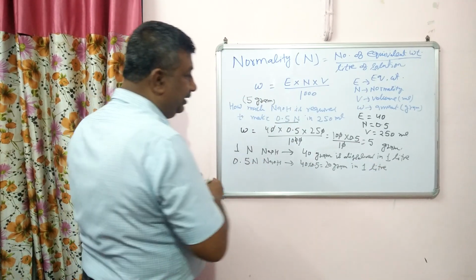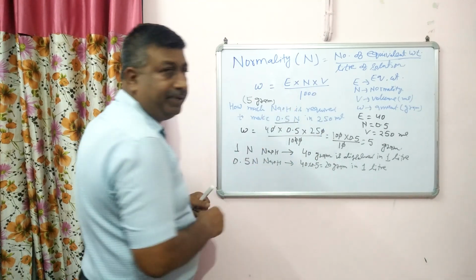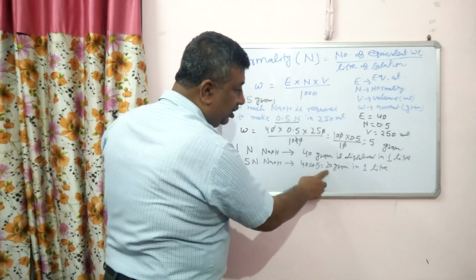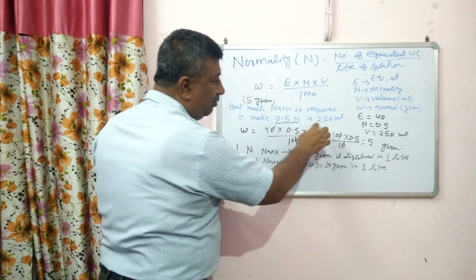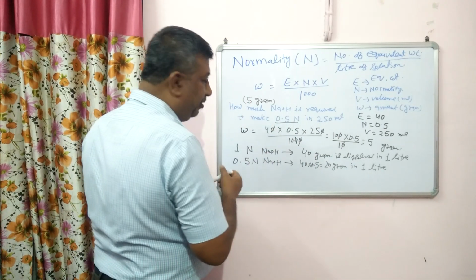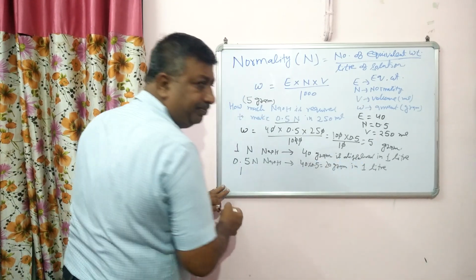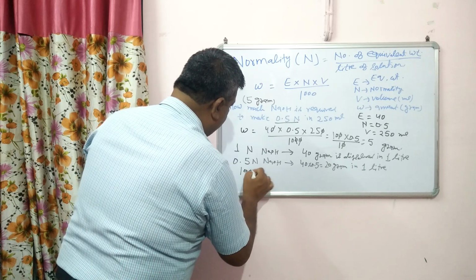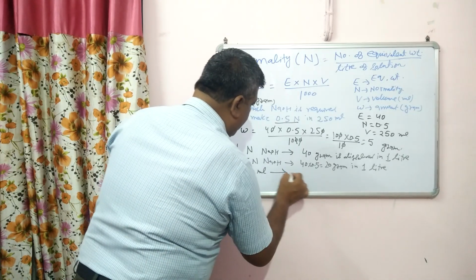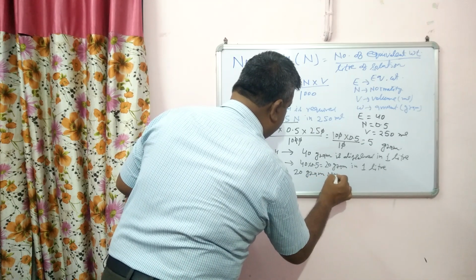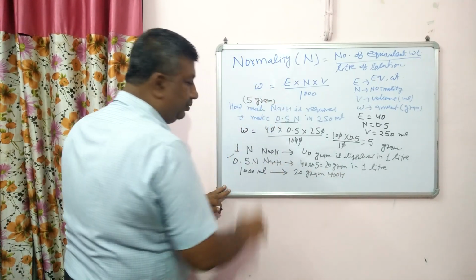Now the volume is 250 ml. So 0.5 N NaOH solution is formed if 20 gram is dissolved in 1 liter. We can rewrite it for 1000 ml, since 1 liter means 1000 ml. So 20 gram NaOH is required to make 0.5 N solution in 1000 ml.